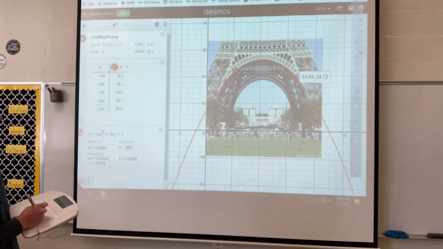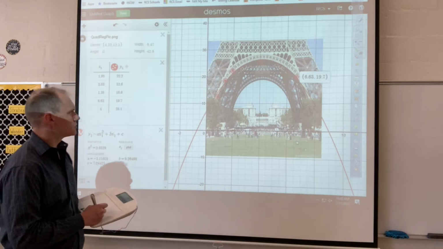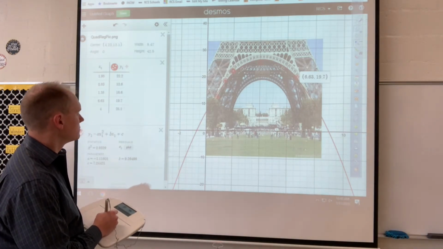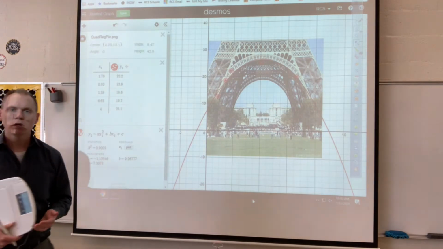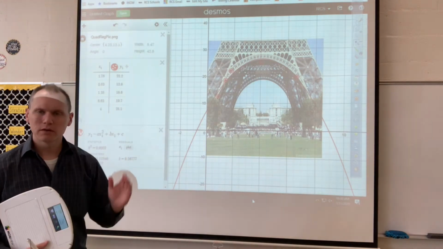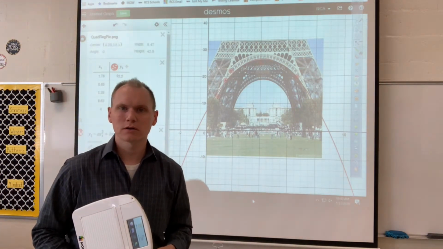So right about there, we've got a pretty good fit to the arch. What that allows us to do is model that shape with a quadratic, which is kind of cool.